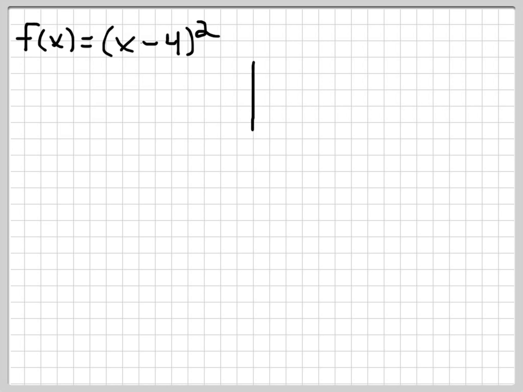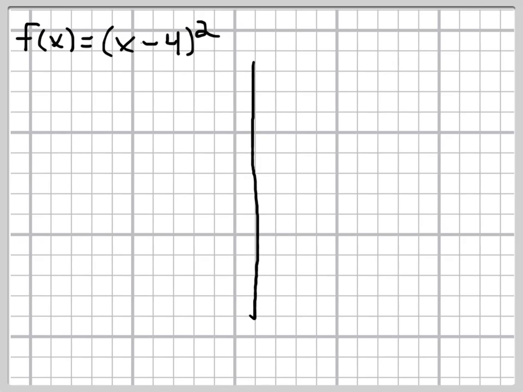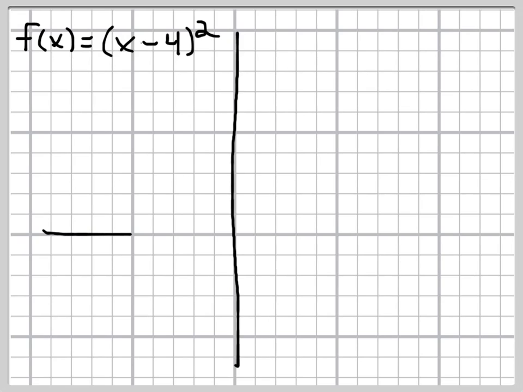Well, let us again start with our parent function. Let me try to do a little bit better of a job. Okay, so let's call this the y-axis right here, and we'll call this the x-axis.